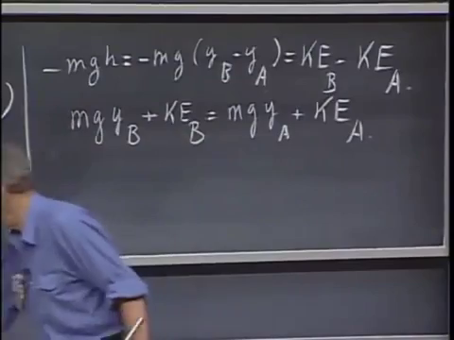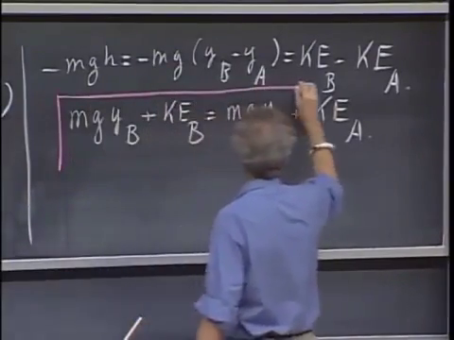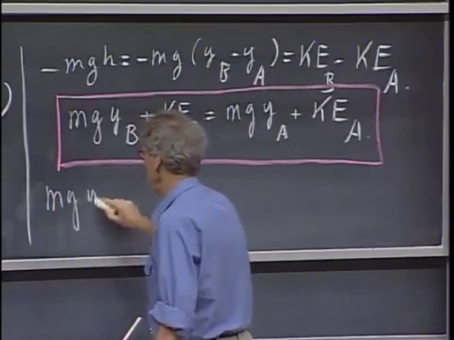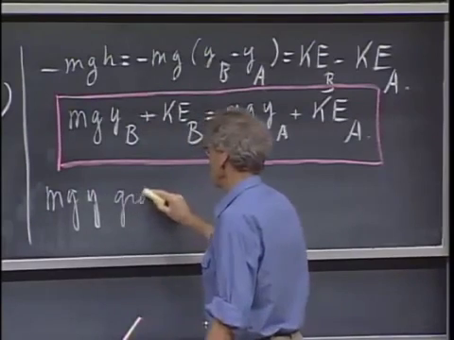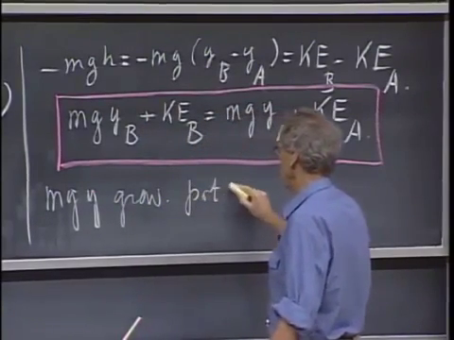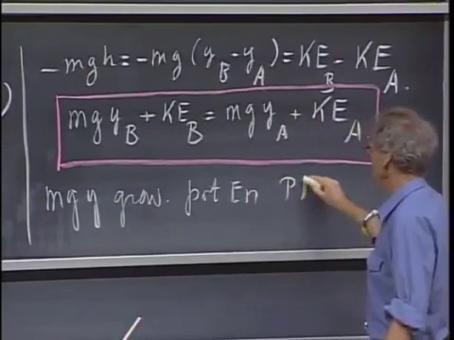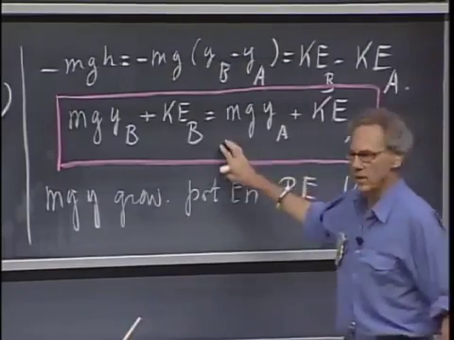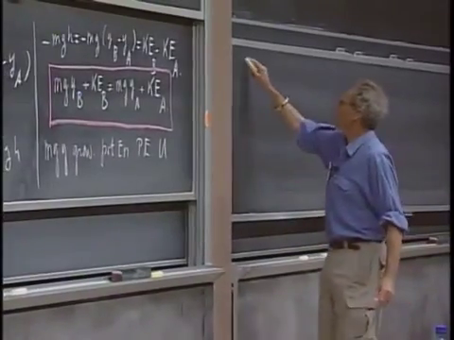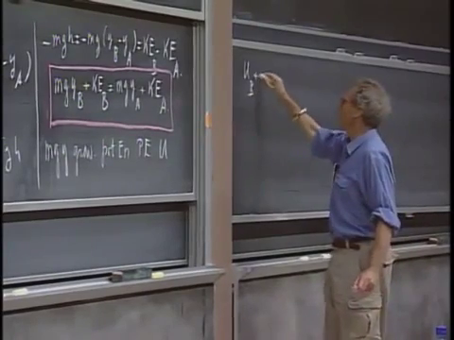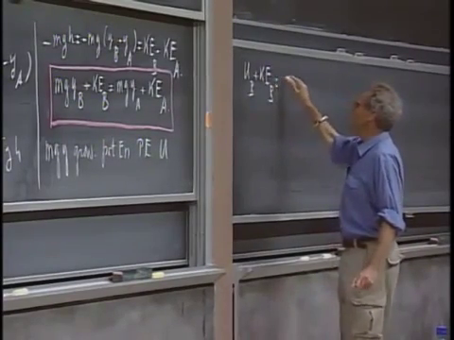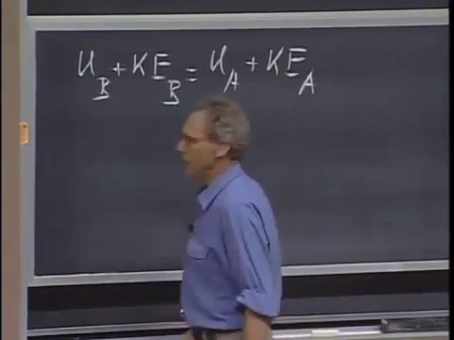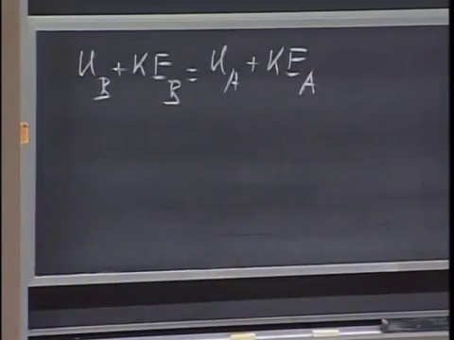And this is truly an amazing result. We call mgy, we give that a name, and we call that gravitational potential energy. Often we write for that PE or we write for that a U. And what you're seeing here is that the sum of potential energy at point B and the kinetic energy at point B is the same as the potential energy at A and the kinetic energy at point A. One can be converted into the other and it can be converted back.